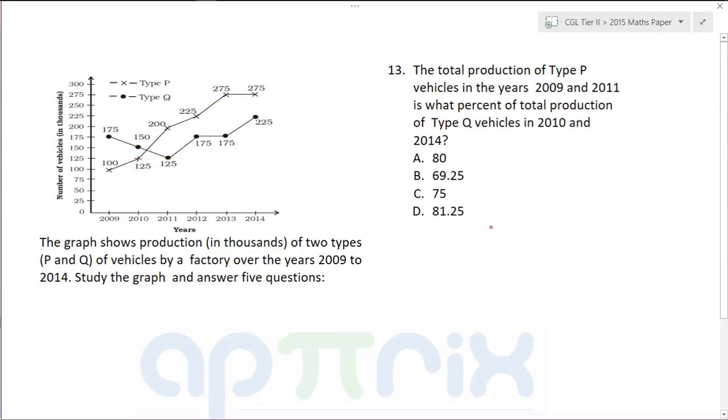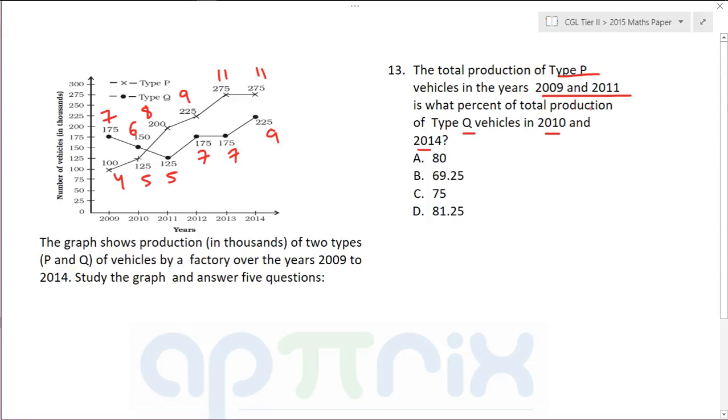Alright, in every question I need to write those values so that you do not have any confusion. So 4, 5, 5, then 7, 7, 9. Then this is 9, this is 8, this is 6, this is 7, and this is 11 and 11. Let's read out this question. The total production of type P in 9 and 11 is what percent of Q in 10 and 14?